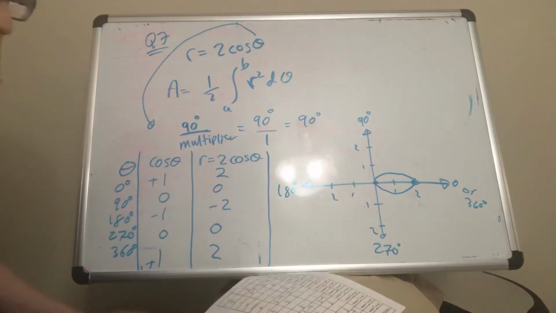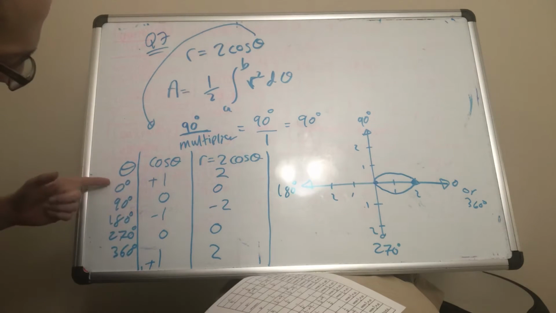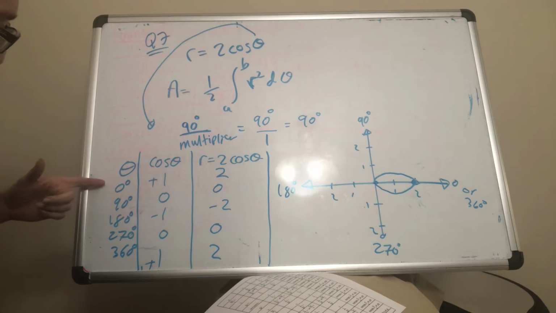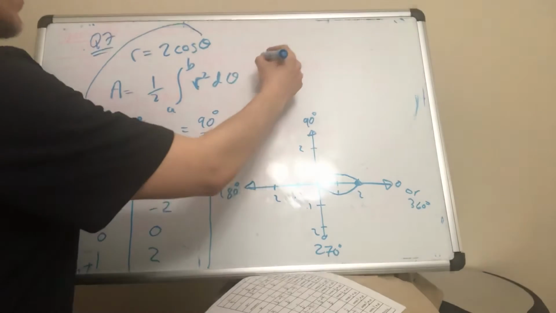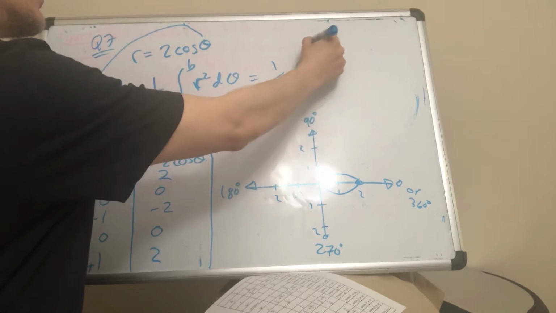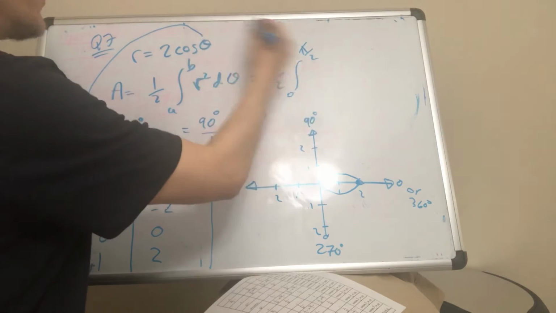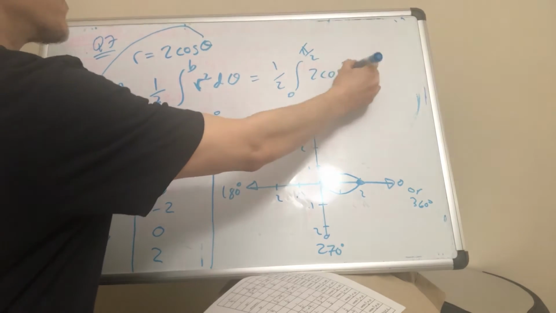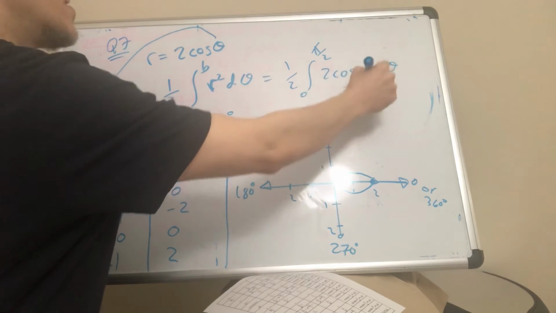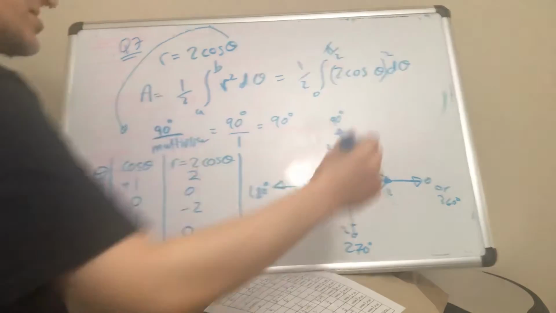So basically this is it. And you'll see that it's good to just go from 0 to 180. You don't need to do anything special. So it's half, 0 to 180, and you square this: 2 cosine theta squared.